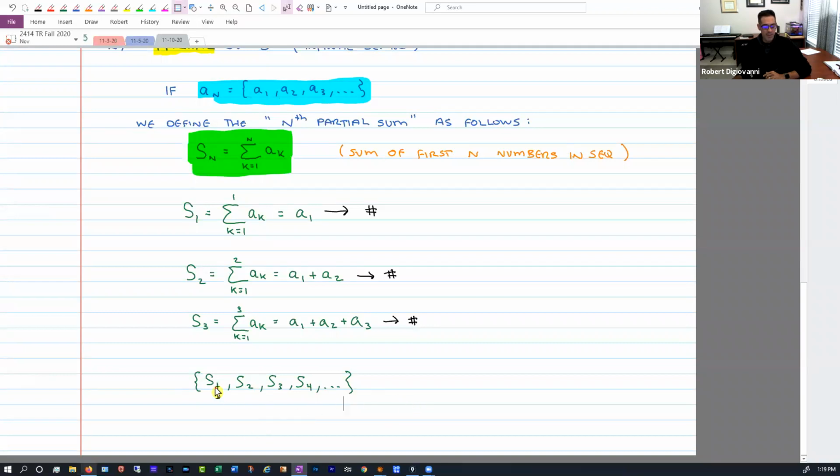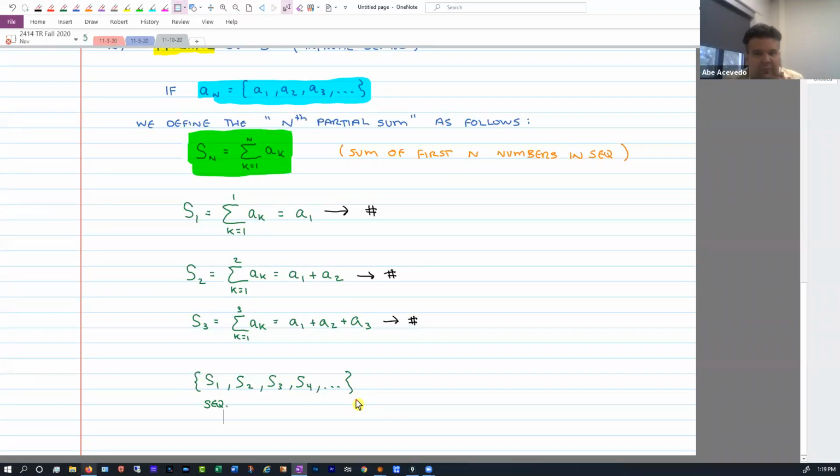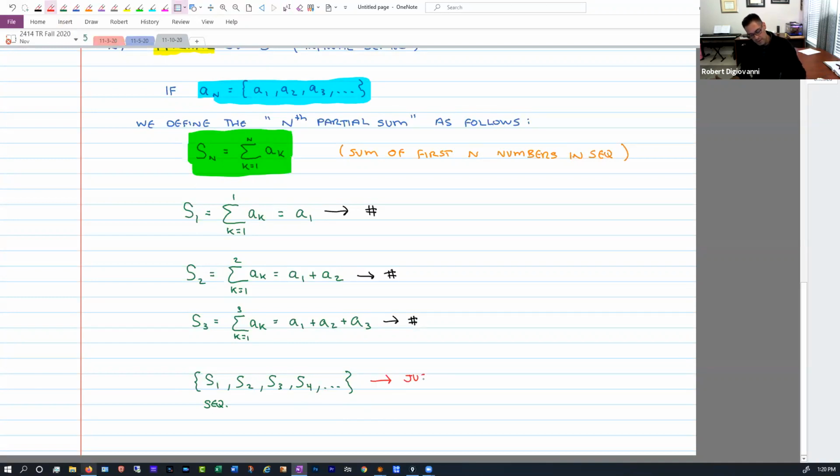What do you think I'm going to ask you about this sequence? Because this is now a sequence, isn't it? Does it diverge or converge? Does it converge or diverge? So since this is now just a sequence, a new sequence, does it converge or diverge?